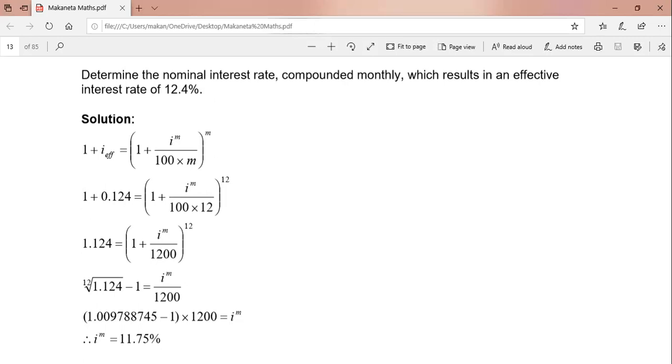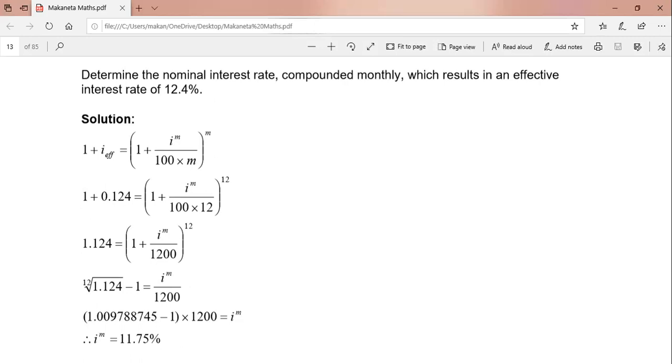Once again, to check my initial argument, you can tell without any doubt that the nominal interest rate is less than the effective interest rate, which is 12.4%. So once again, this shows that the reason why the effective interest rate is bigger than the nominal interest rate is because of the increase. You can see that your value is increasing.